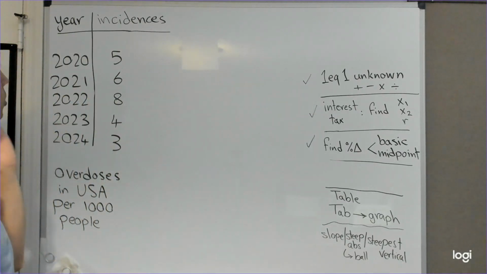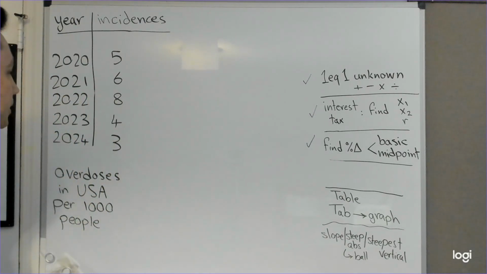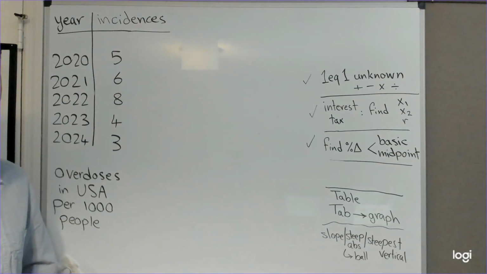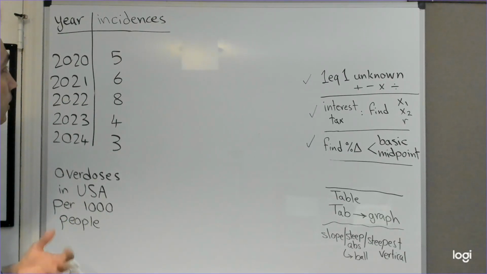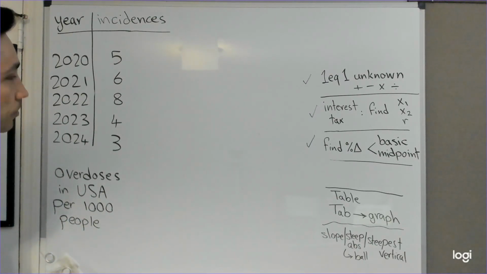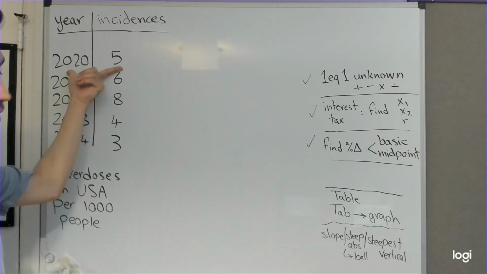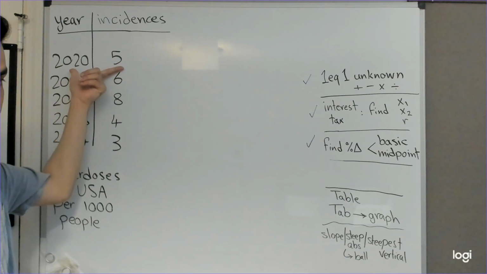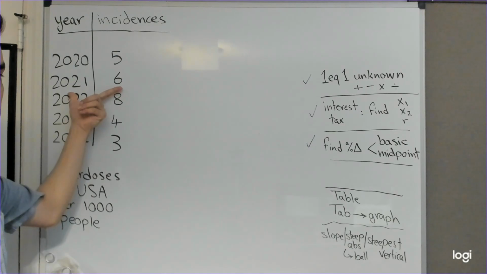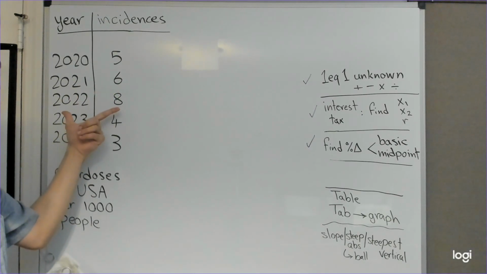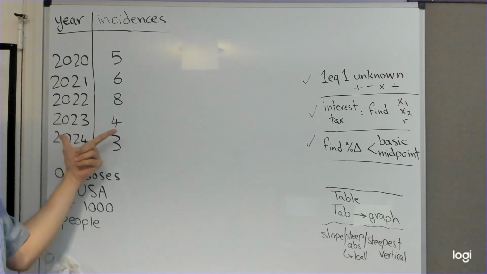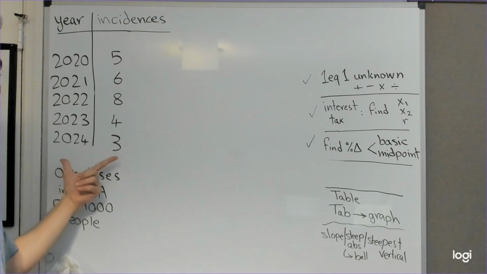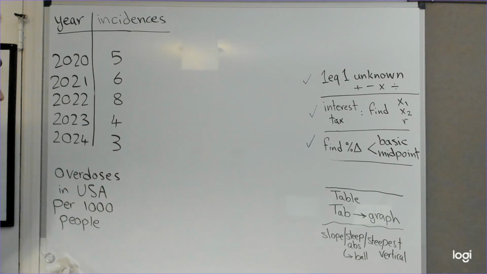It is, of course, not just a bunch of numbers put together, but it's trying to convey a message. The information in a table like this is that there's a pairwise connection between the values, which means in 2020 there were 5 incidences. In 2021 there were 6. In 2022 there were 8. In 2023 there were 4. In 2024 there were 3.